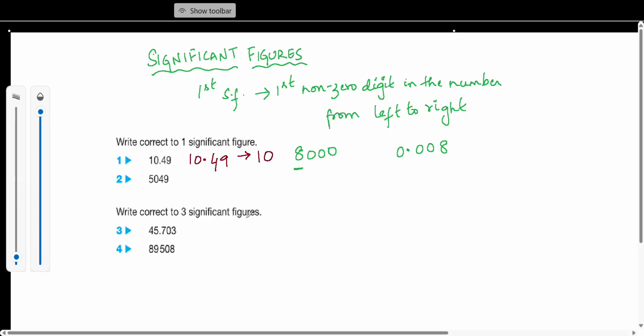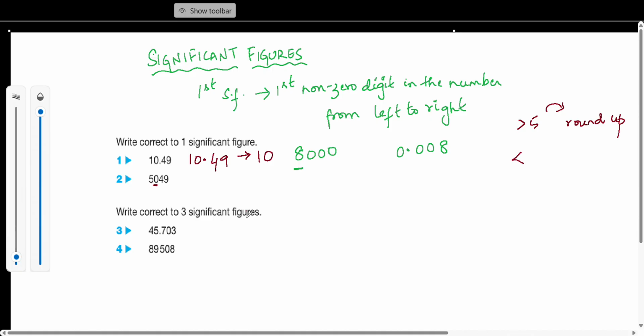The next number is 5049. So here again, if we have to have only one significant figure, it is the first non-zero digit, which means the rest of the numbers should be made 0. The number is 5049. Normally when it's one significant figure, you will have to look at the second number. If the second number is greater than or equal to 5, you round up, just like in rounding decimal places.